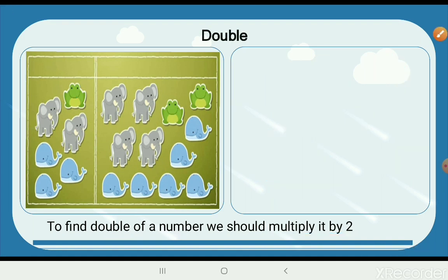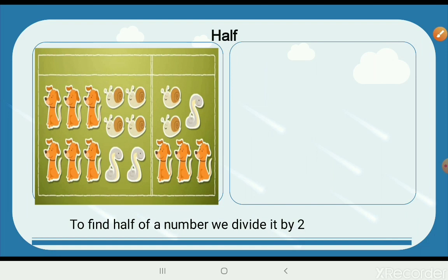Okay, now let's see another figure which I have given. Here again, in the first column there are 6 dogs, and it becomes 3 in the second column.